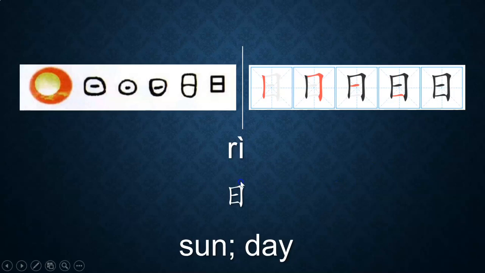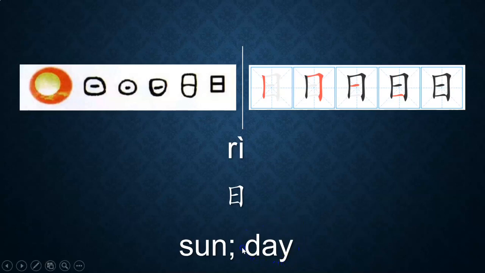And therefore 日 originally means the sun. But students might ask Miss Ran again, how come the character sun has become the meaning day? Well, that has got something to do with the definition of day in Chinese as well.